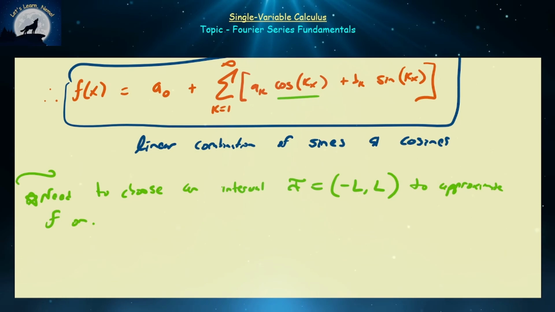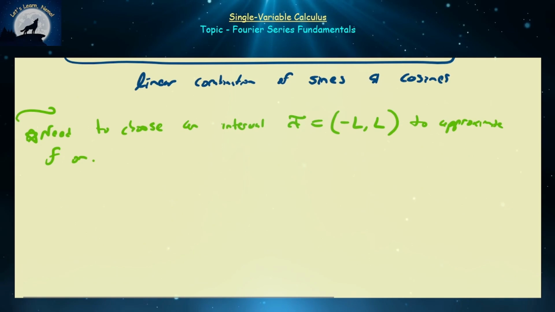Because keep in mind, cosine and sine are naturally built from, say, 0 to 2 pi or minus pi to pi, because both of them have period 2 pi. Once you go out of that periodic phase of sine and cosine, it's just going to repeat itself. So if the function f happens to change, this Fourier series is not going to necessarily pick up on that change outside of this interval, right?